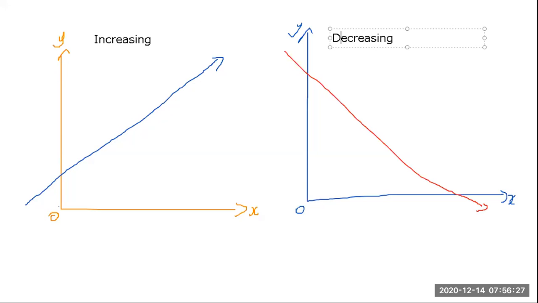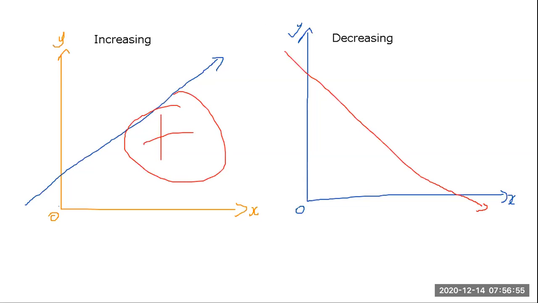So whenever we plot our points and they end up going in this direction, we know that it's increasing. If it's going from left to right but going down, that's decreasing. That's another way you could look at it. So left to right, if it goes up, that's increasing, and that makes it a positive graph.